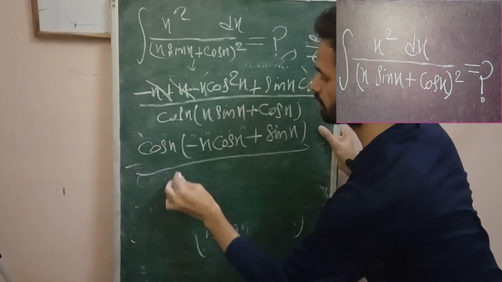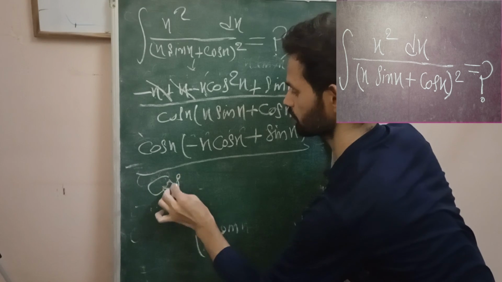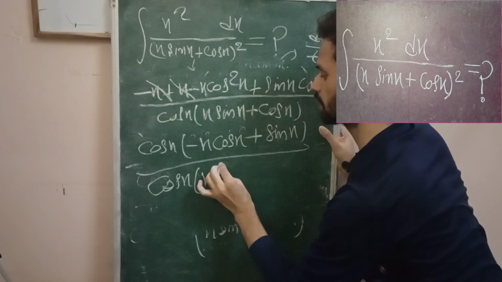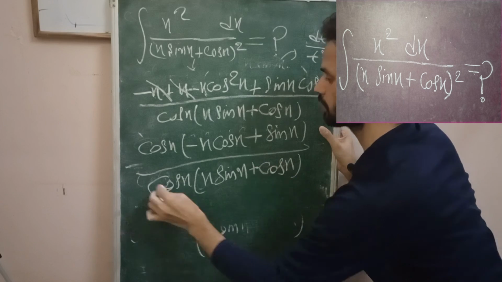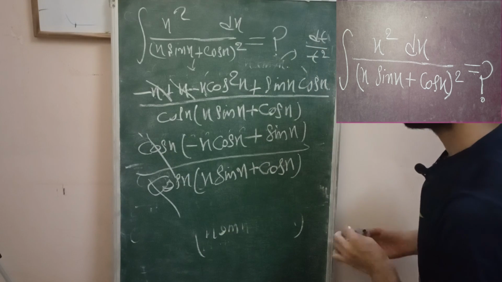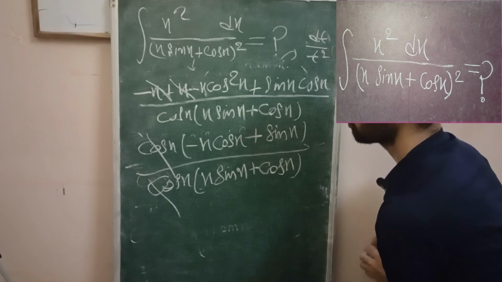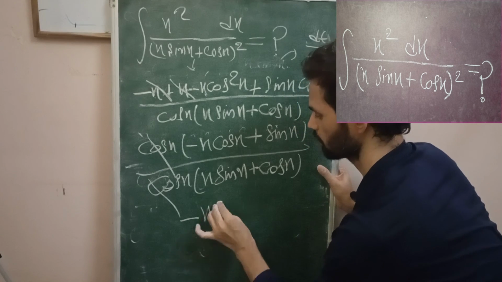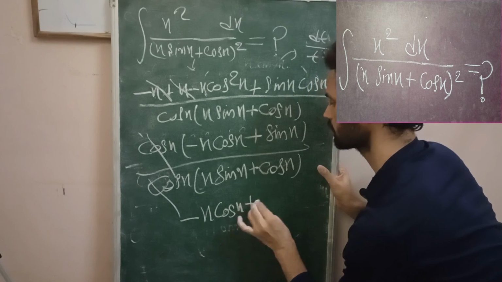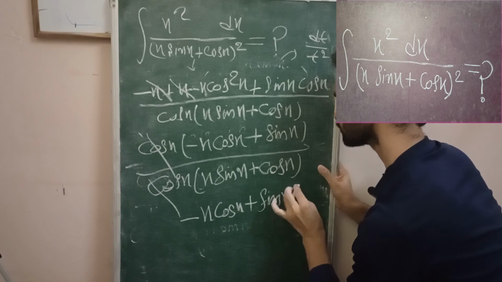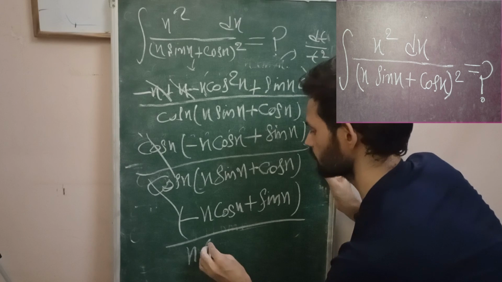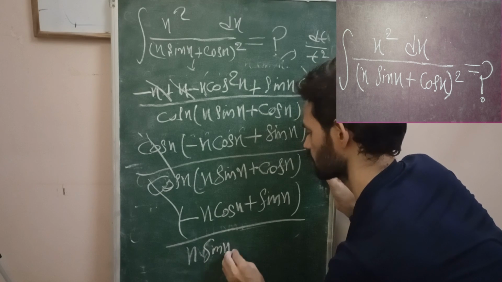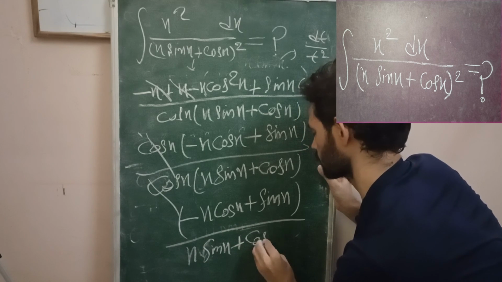Then the denominator is cos x, x sin x plus cos x. Cos x will get cancelled, and we are left with minus x cos x plus sin x divided by x sin x plus cos x.